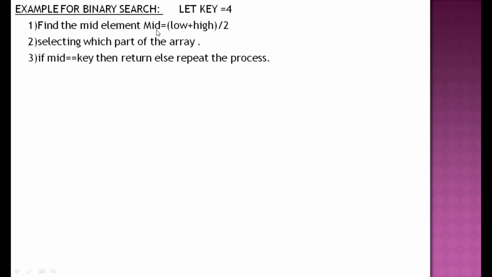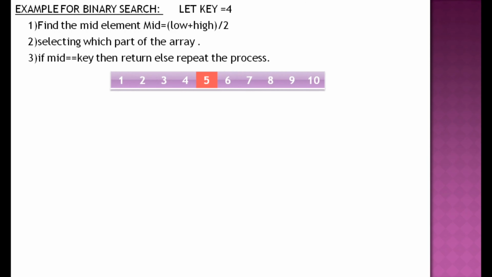That means again dividing, we will again find the mid and again select which part of the array. In this way the searching occurs. So here I take an array of size 10, with indexes 0 to 9.